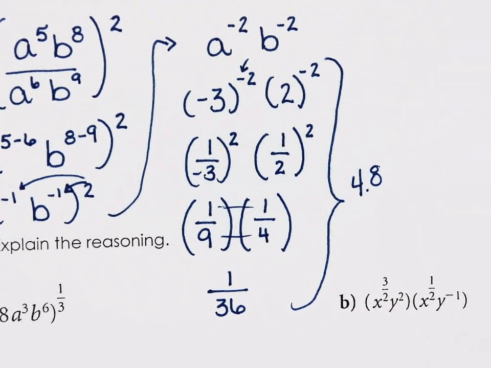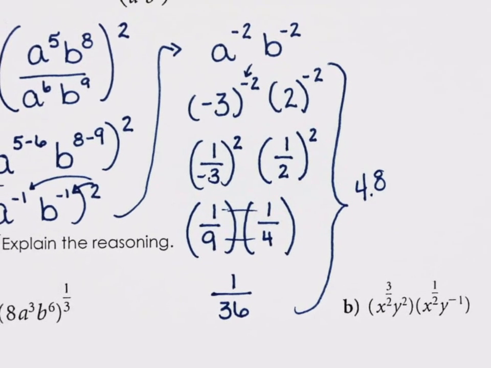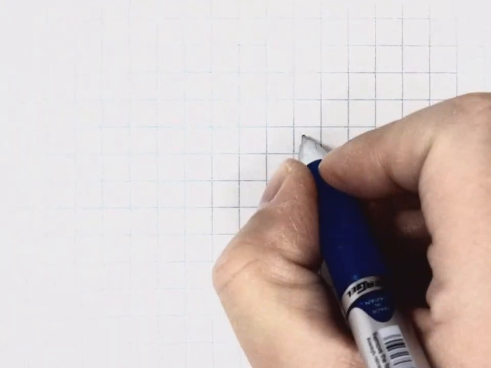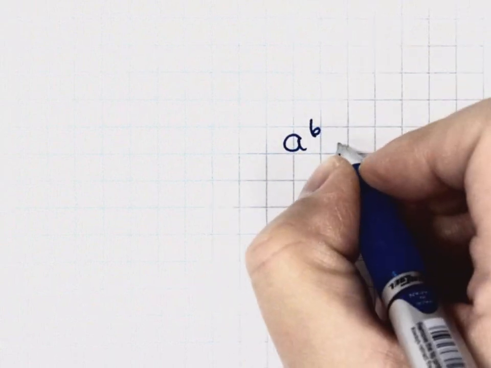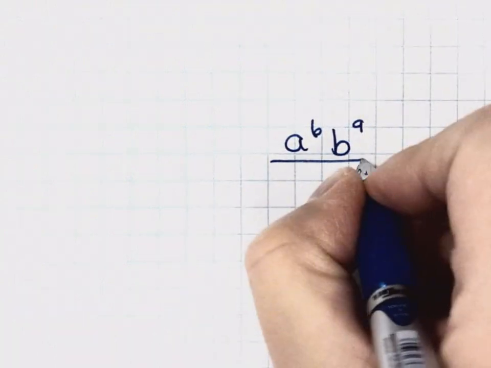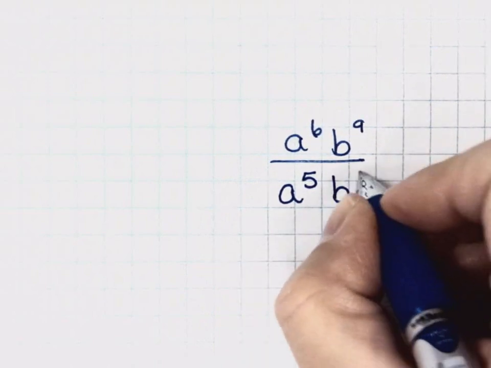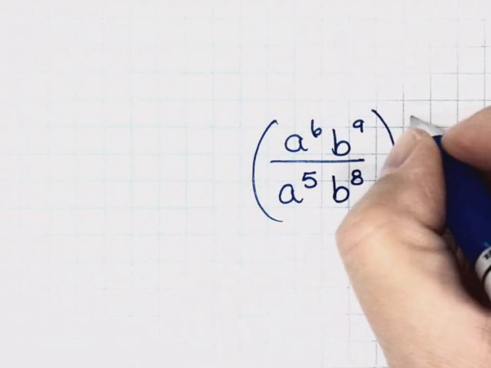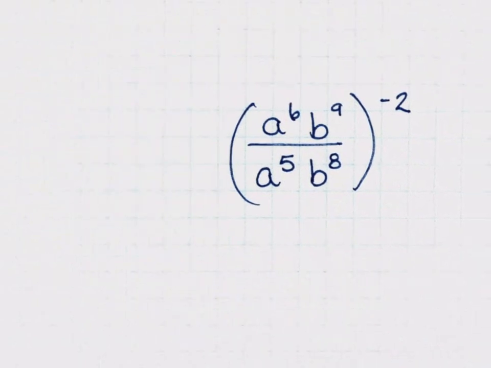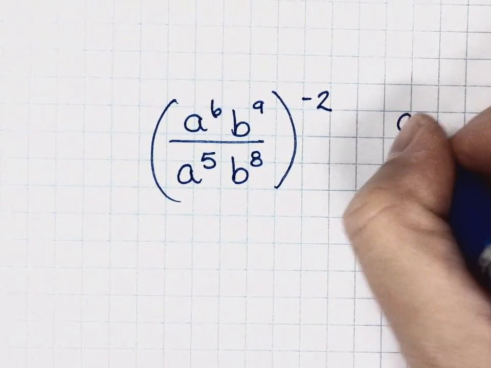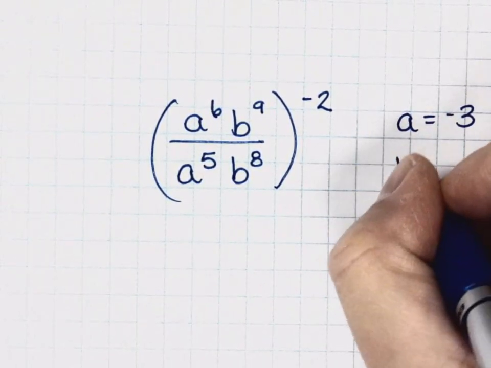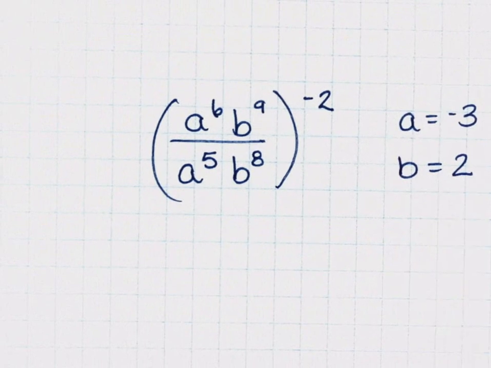So I'm going to show you the second way, and I'm going to do it on a piece of paper just because I am running out of room. So I have a to the exponent 6, b to the exponent 9, over a to the exponent 5, b to the exponent 8, all to the exponent negative 2. We said that a has a value of negative 3, and b has a value of positive 2.